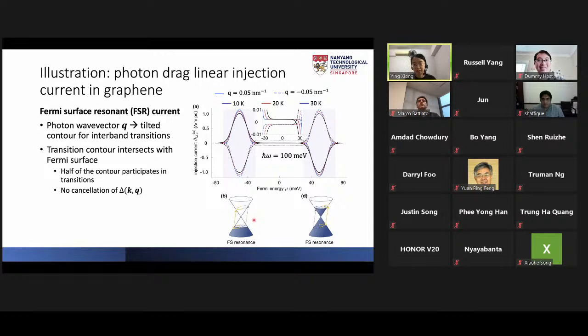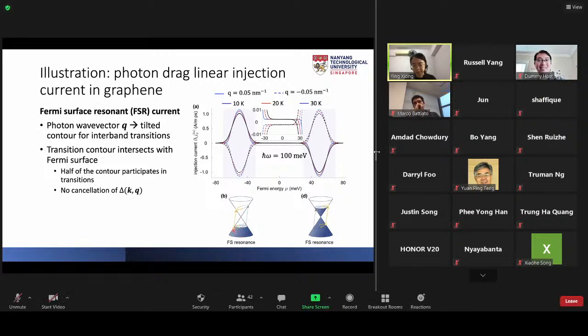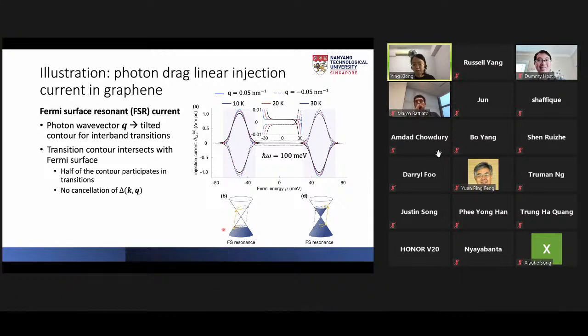As we know, the injection current depends on the group velocity of the electrons, which takes opposite signs in the plus K and minus K space. So when only half of the contour undergoes interband transition, there's little cancellation between the plus K and minus K space. As a result, we have a large Fermi surface resonant effect.